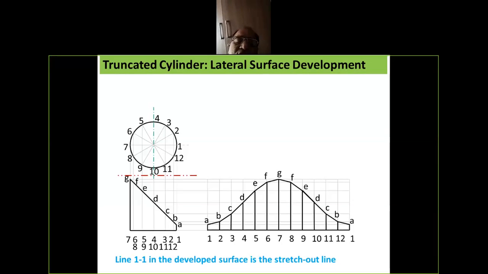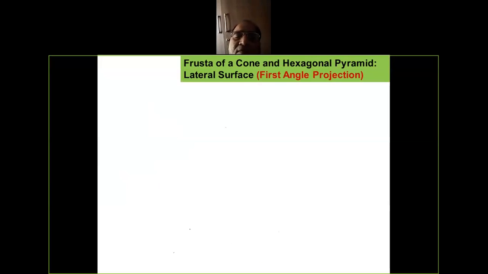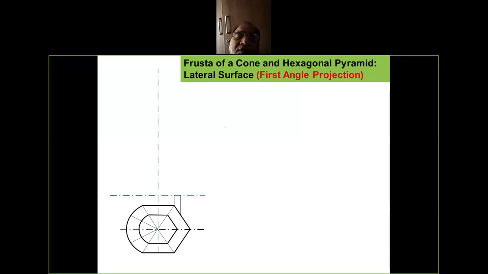So when we develop the truncated cylinder, its shape will come in this form. This is the development of a cylinder, whatever the positions may be.